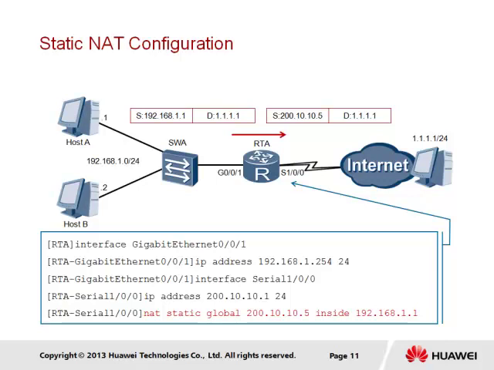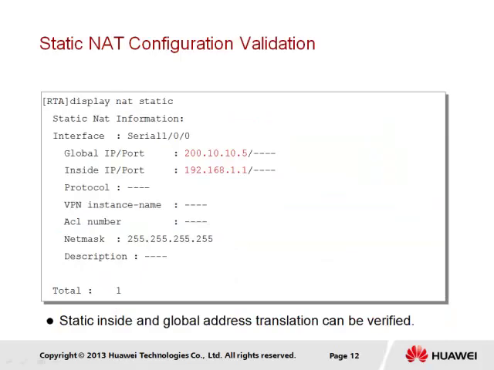For host A, however, we use the address 200.10.10.5, and we see this configured as part of the NAT static command, in which a global and inside mapping of the address is performed, in order to allow host A to be recognized as having the address 200.10.10.5 in the public domain. If we use the command display NAT static, we are able to identify which static mapping entries between private addresses for internal end stations and public addresses exist.